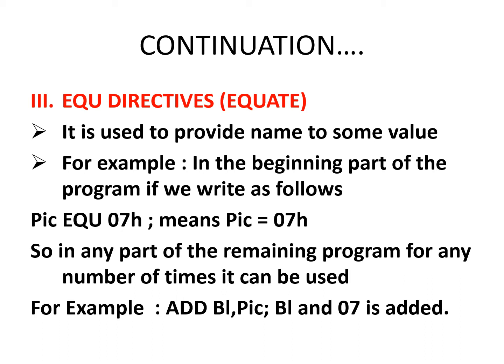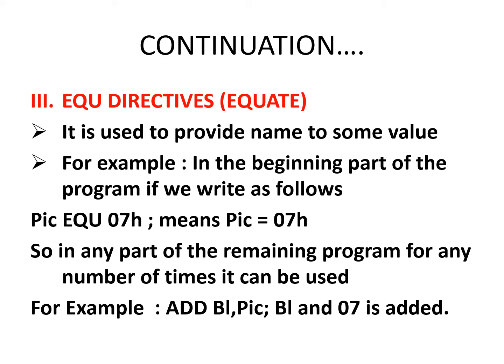Similarly, in the beginning part of an assembly language program for this microprocessor, we can mention, like in the example in the second point, PIC equal to 7. So wherever I want to use that 7 in the program, I can mention PIC.